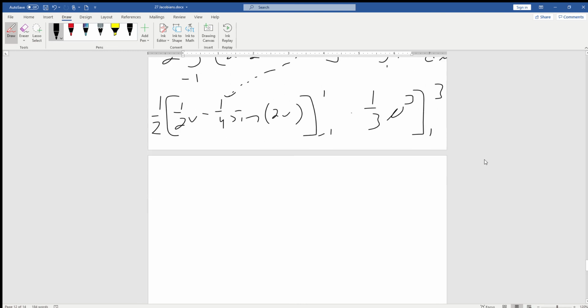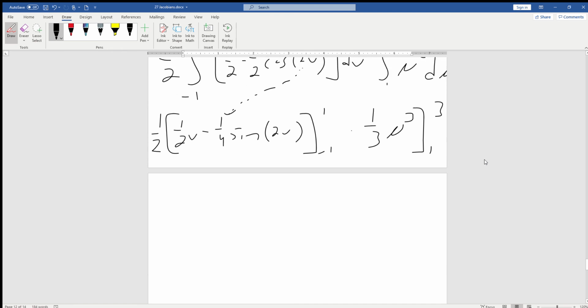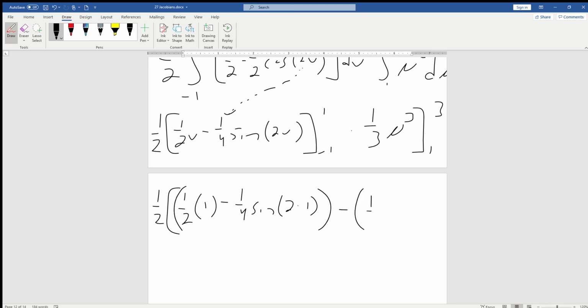Okay, we're going to substitute. This might take a little bit to do. So now we have 1/2 times the quantity, in parentheses, 1/2 times 1 minus 1/4 sine of 2 times 1, minus 1/2 times negative 1 minus 1/4 sine of 2 times negative 1.